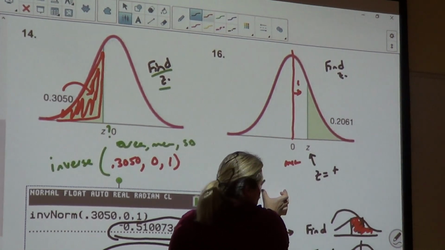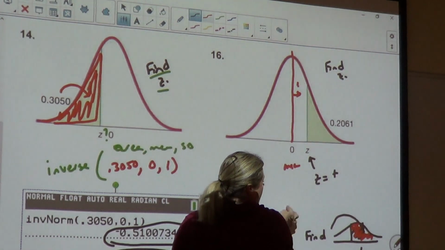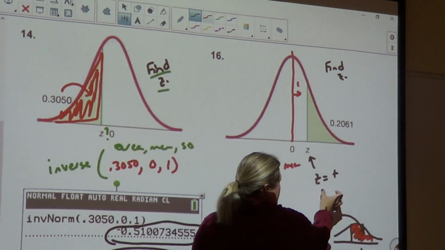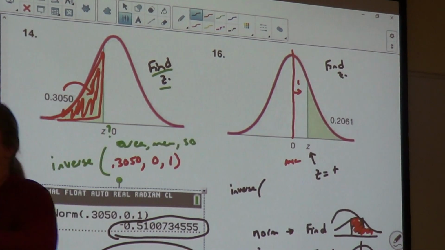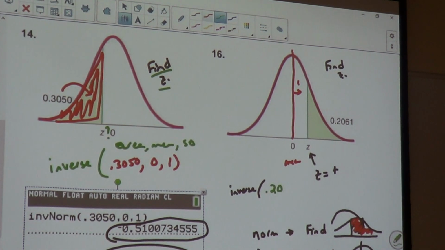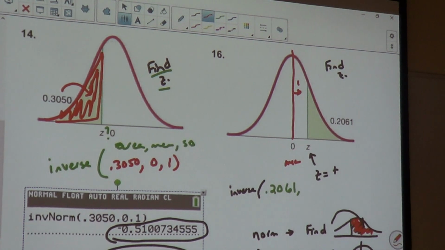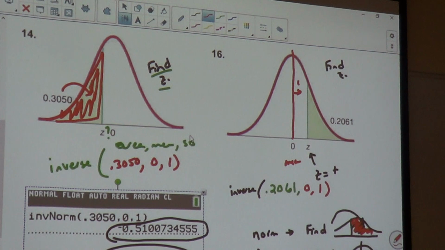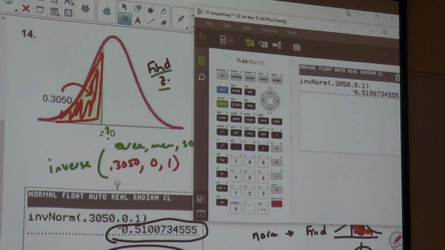So it's area, comma, mean, comma, standard deviation. What is my area? 0.2061. What is my mean? What this gives me is my point.